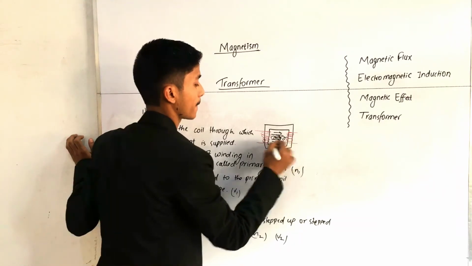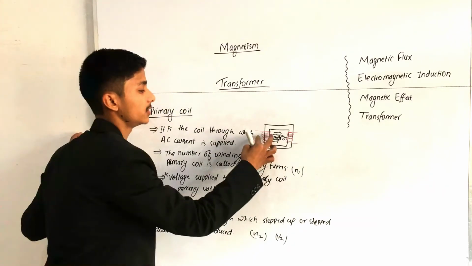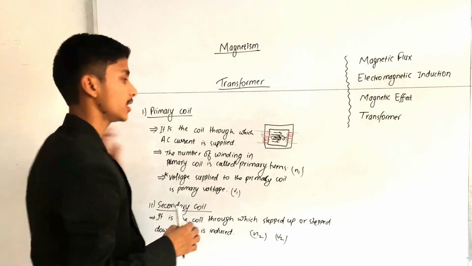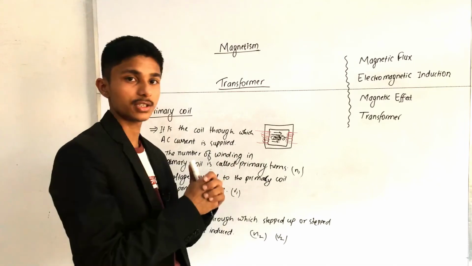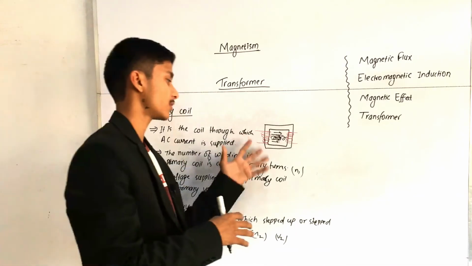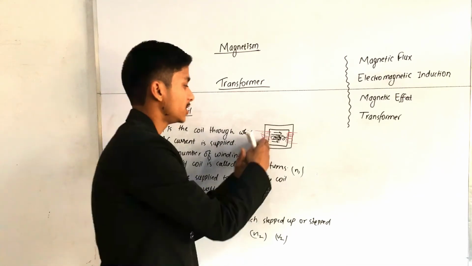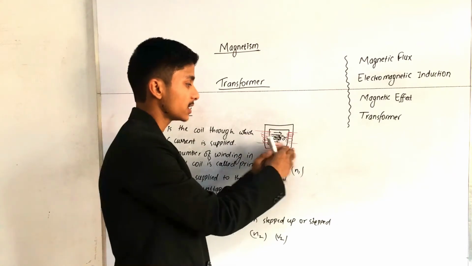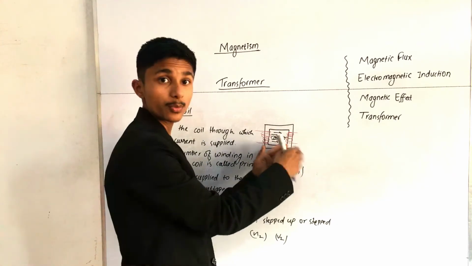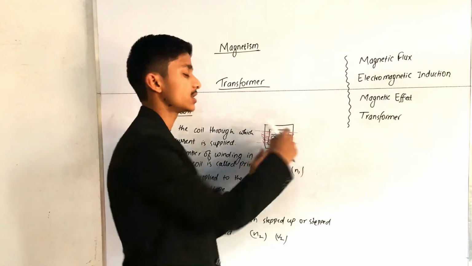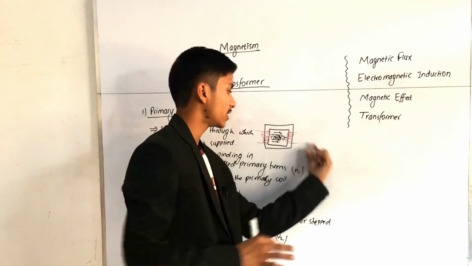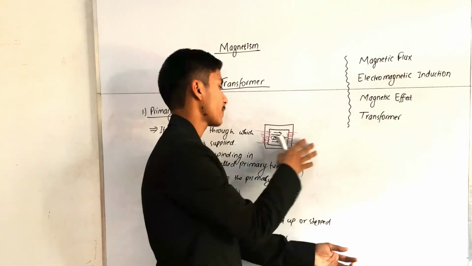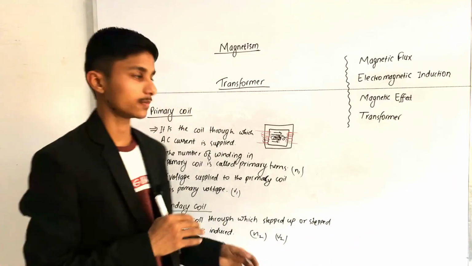Okay, when current is passed in this primary coil, the lines of magnetic force of this coil change, and in this way the magnetic flux also changes, and this change in magnetic flux causes the production of current in this secondary coil, and we can get current from this secondary coil.